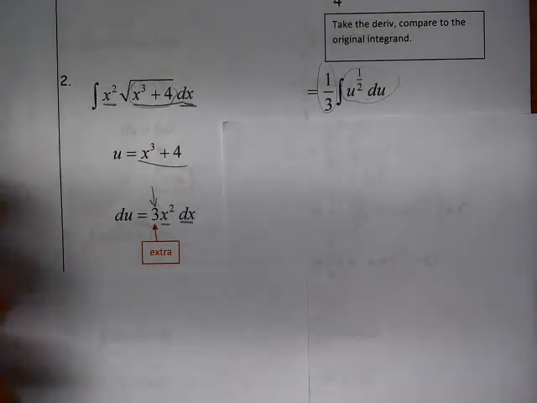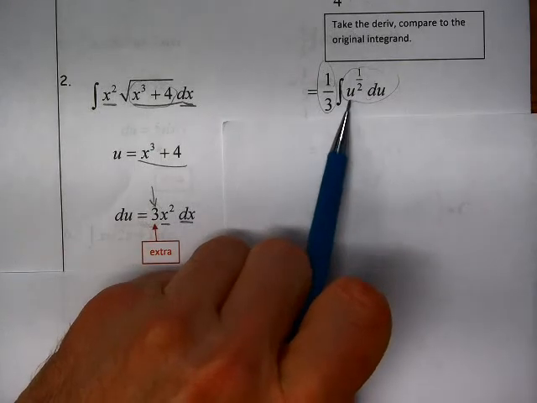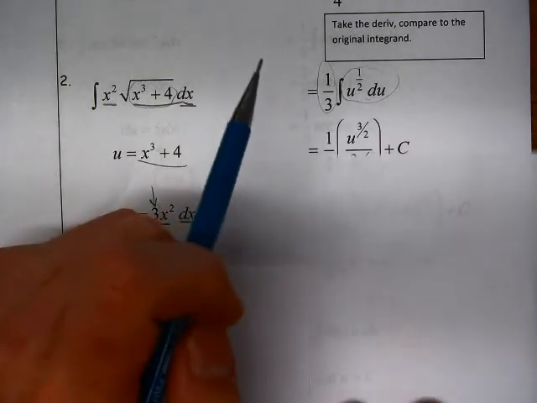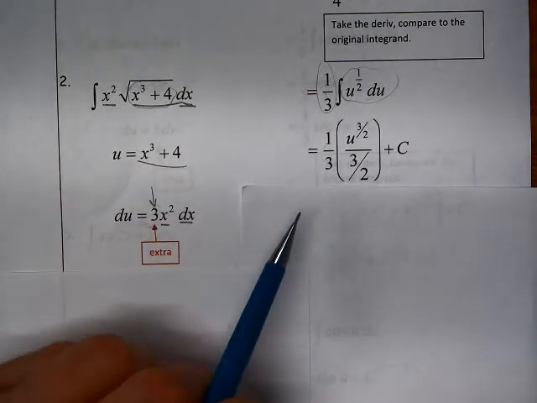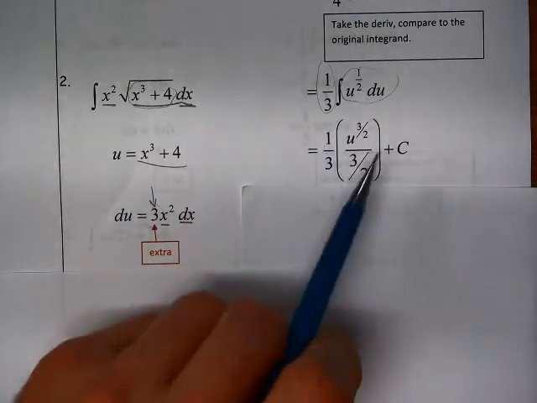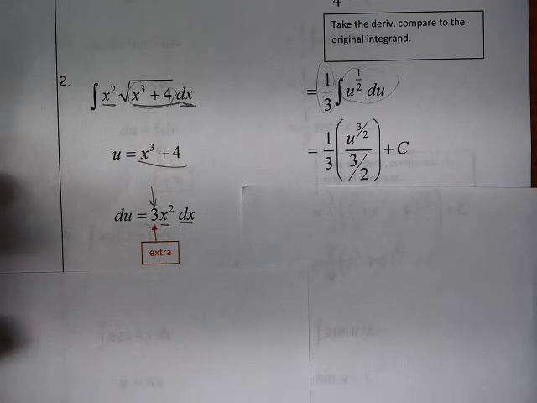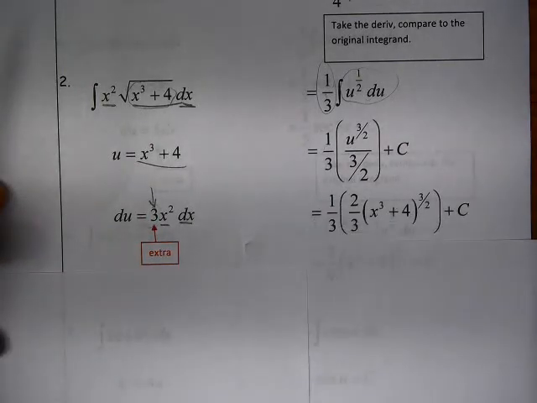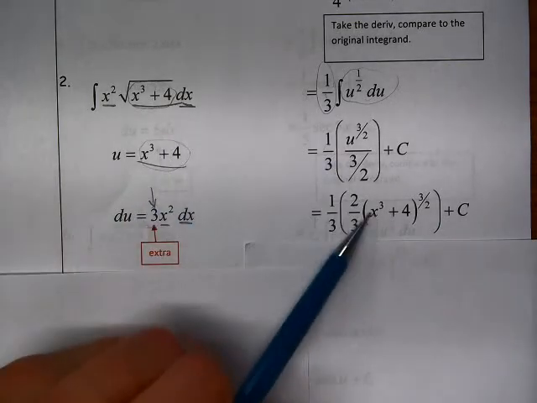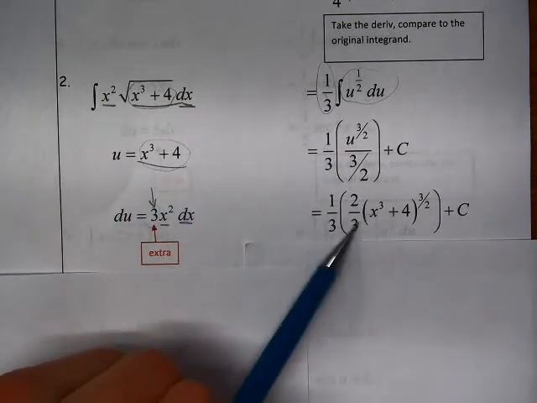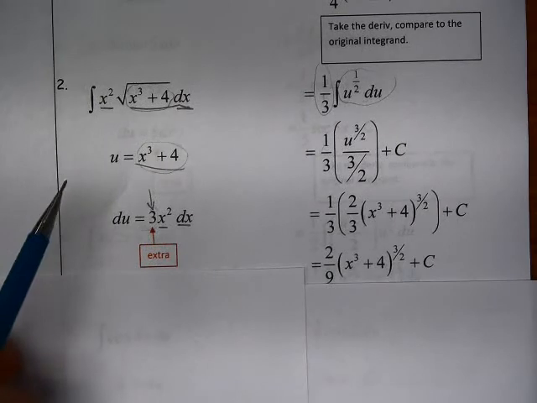Once I do that, I have this in very simple form now, with u to the 1/2. Again, that coefficient of 1/3 stays there. I add 1 to the exponent and divide by the new exponent. I have a plus c. Once I do the antiderivative, I can plug the x cubed plus 4 back in for u, and then I just have a little cleanup to do here.